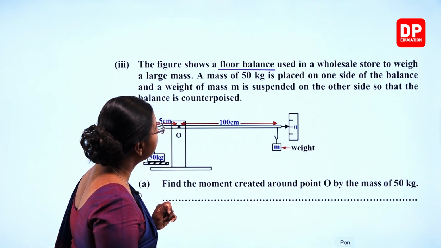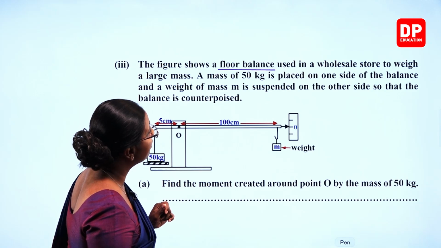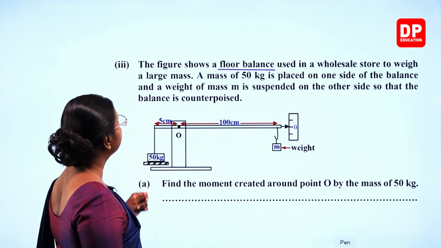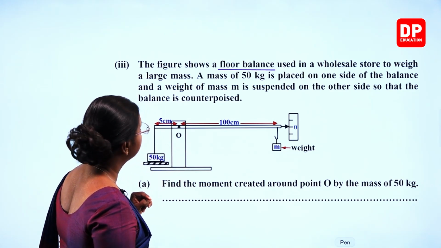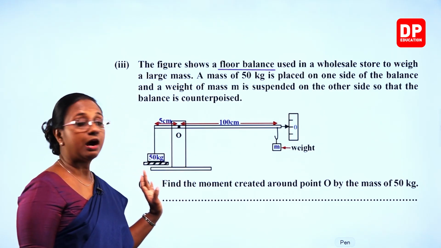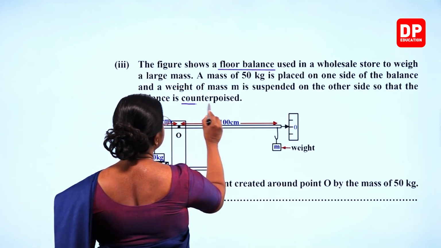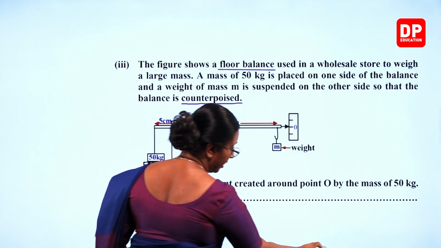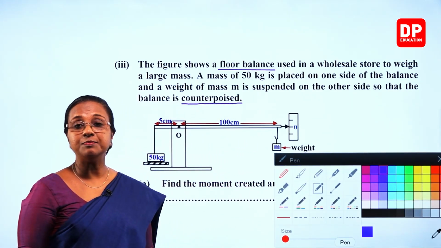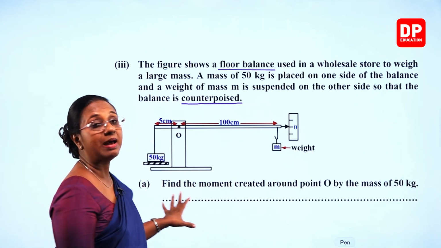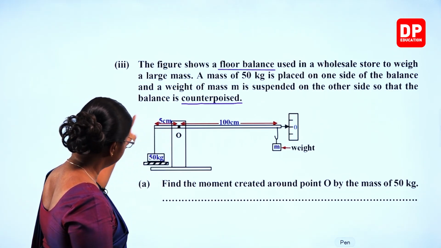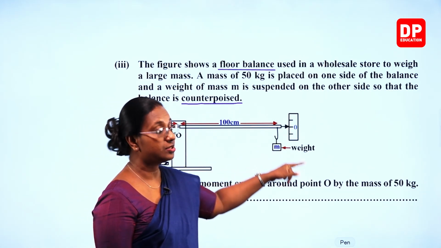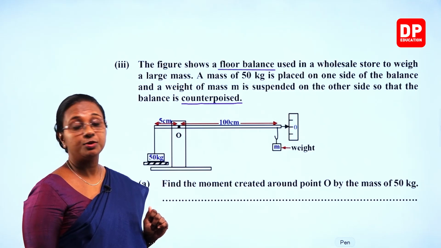A mass of 50 kilogram is placed on one side of the balance and a weight of mass m is suspended on the other side so that the balance is counterpoise. So here you can see the term counterpoise. So earlier also you came across that term. Counterpoise is it's balanced. So when we say counterpoise, there is the moment of force. This side is anti-clockwise, that is balanced by the clockwise moment of force.